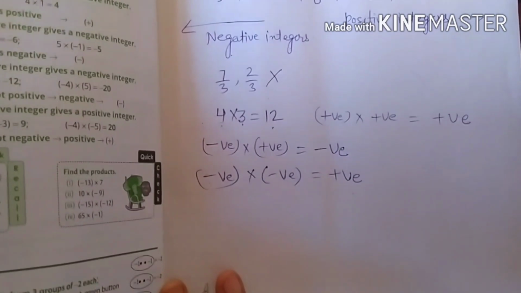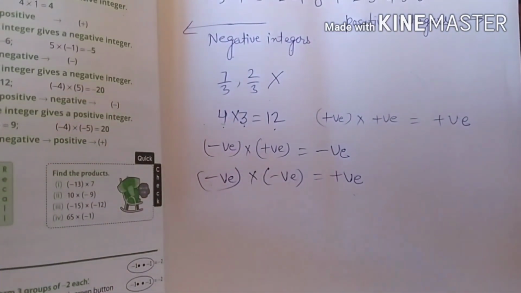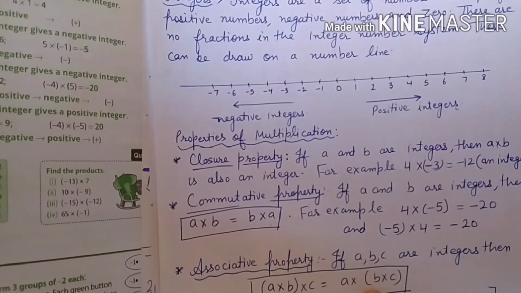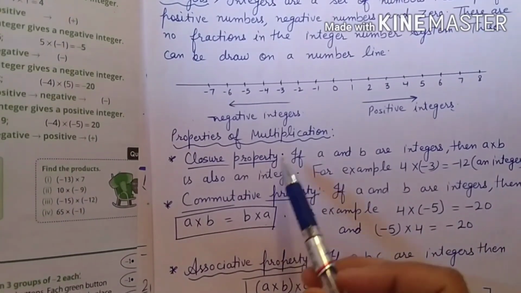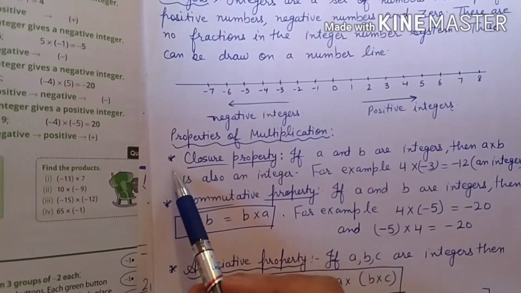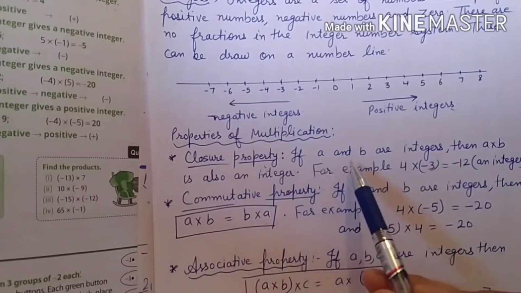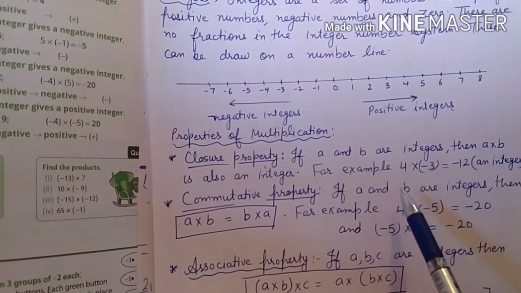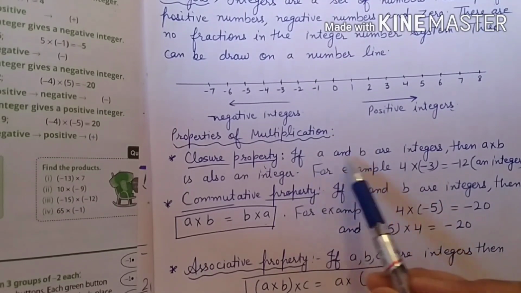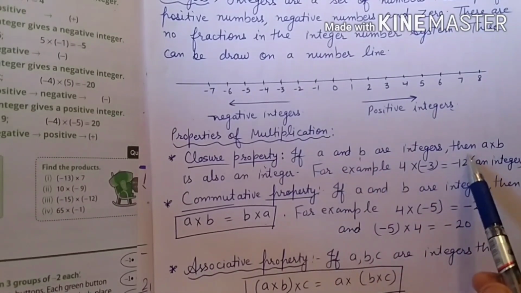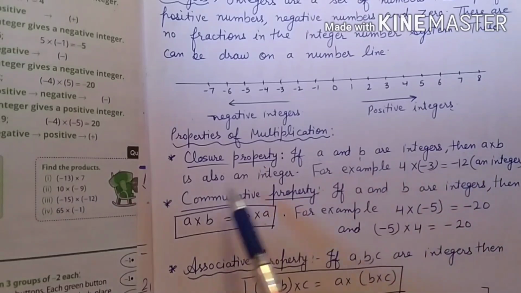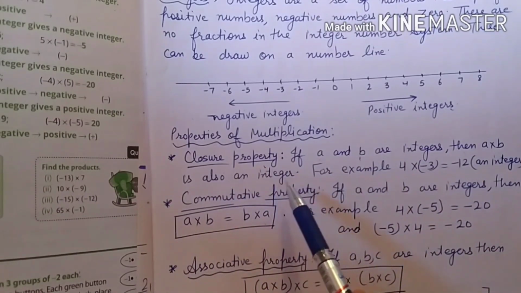Then properties of multiplication. It is also written in your assignment, properties of multiplication. The first property is the closure property. If a and b are integers, suppose we take two integers, one is a and the second is b, then a multiplied by b is also an integer.